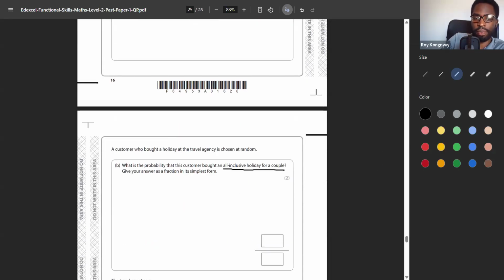That's our answer, 18 60ths. But they ask us, give your answer as a fraction in its simplest form. So we want to simplify this. Both 18 and 60 are divisible by 6. So we can cancel a factor of 6 to get 3/10. 3 and 10 share no common factors. So we're done. 3/10.